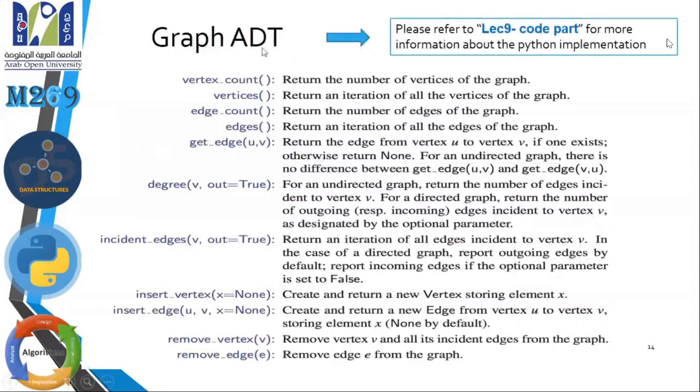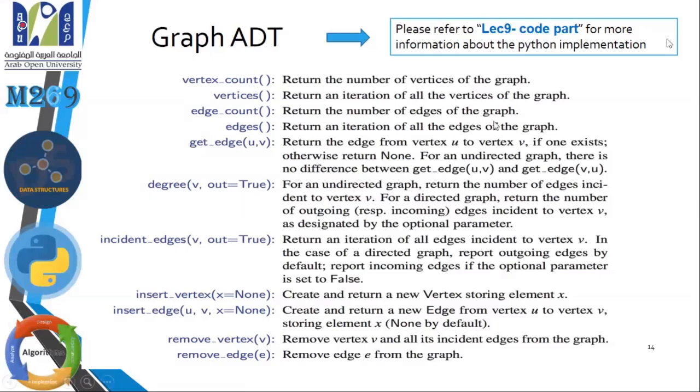ADT. Does anyone remember what it means? Graph ADT. You remember ADT? We talked about queue ADT and stack ADT. Abstract data type. Thank you very much. So that will give you the main functions or methods that can be applied to the data.